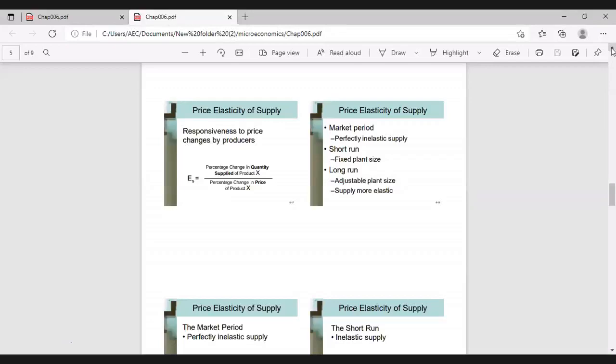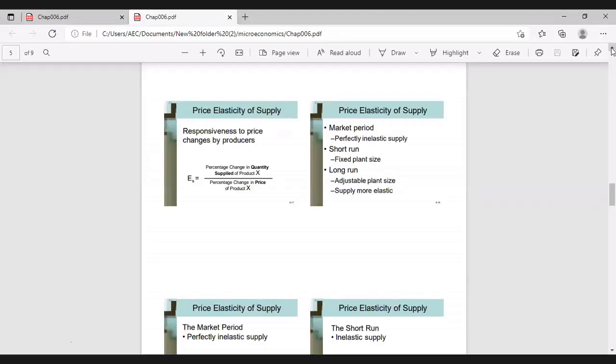But for agriculture products in the short run, some input is fixed. Time is not enough to increase or decrease some fixed inputs.